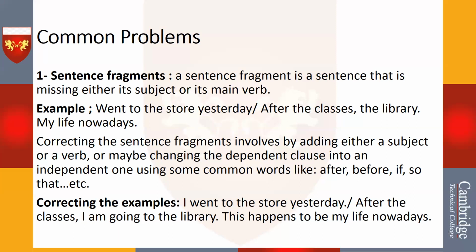So we add here the subject and the verb, plus the preposition to the library. And this happened to be my life nowadays. So we complete the sentence and now the sentence is going to be perfect. Do you understand? Yes. Okay, good.